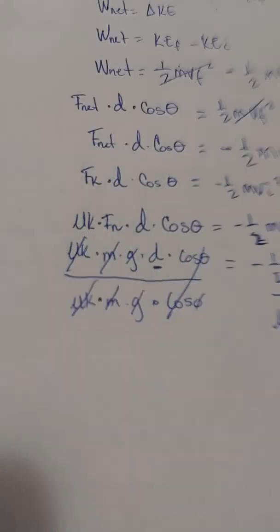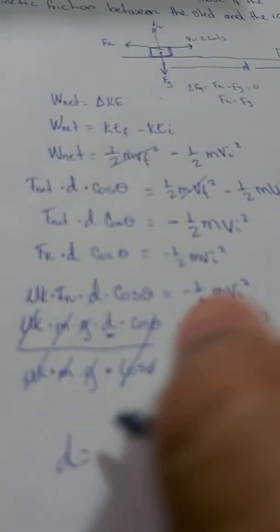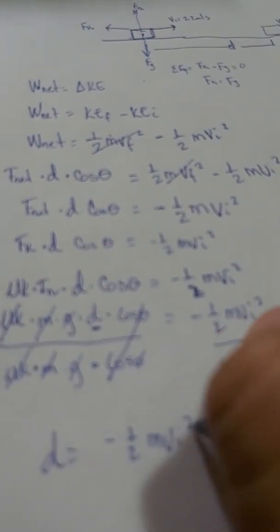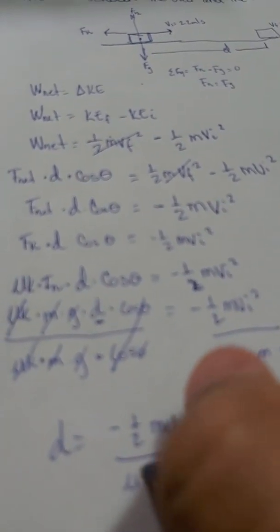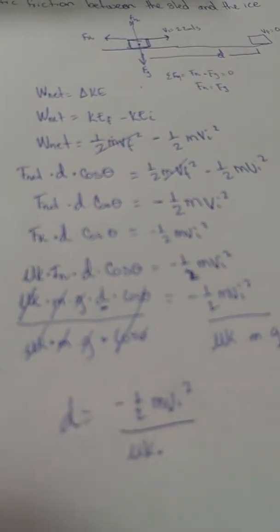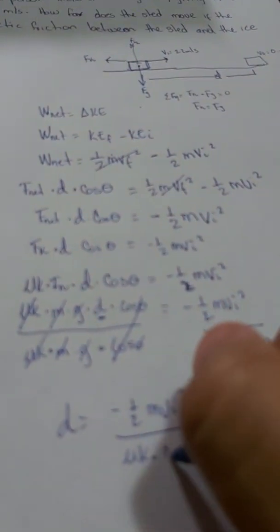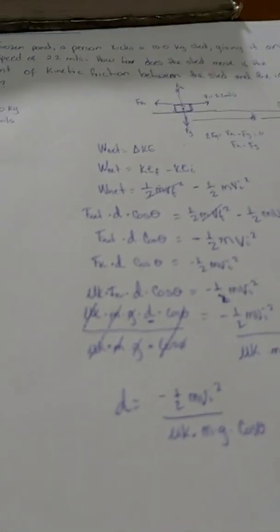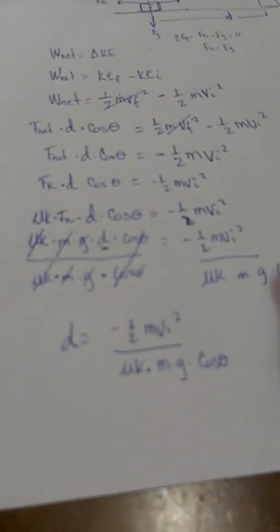So we get d equals negative 1/2 mass times initial velocity squared over μk, coefficient of kinetic friction, times mass, times gravity, times cosine of theta.